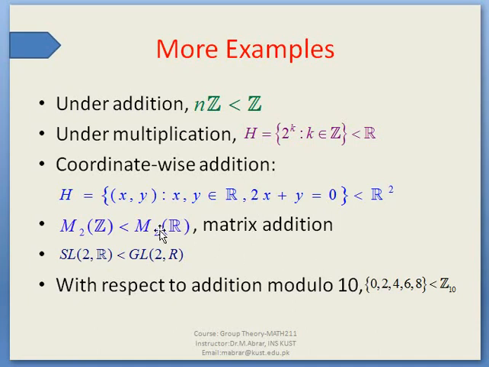And I believe you are familiar with these notations, M2(Z). It's the set of all 2 by 2 matrices with entries from the integers, and it becomes a subgroup of M2(R). And with respect to addition modulo 10, {0, 2, 4, 6, 8} is a subgroup of Z10.